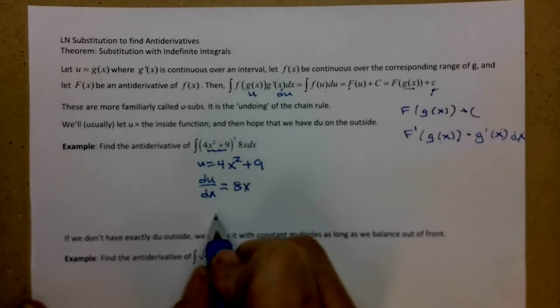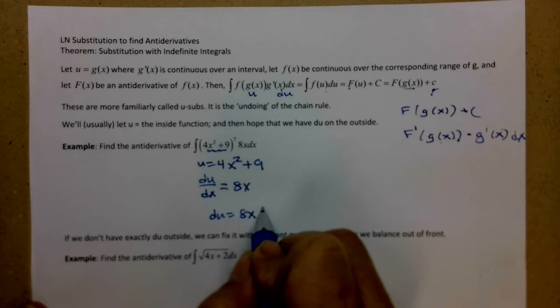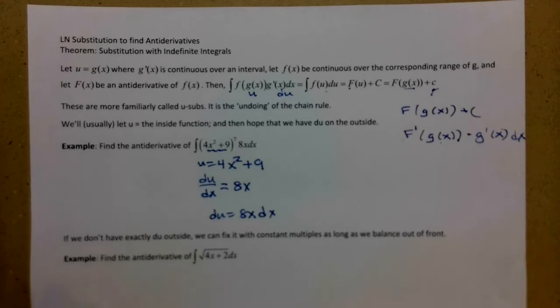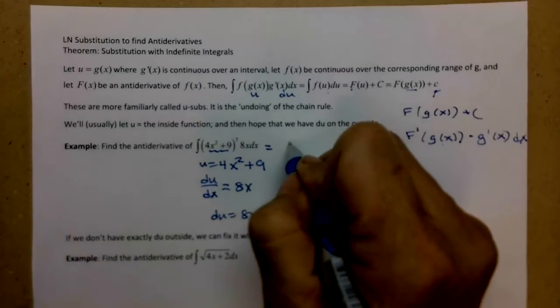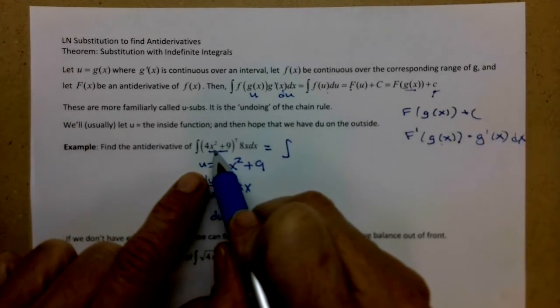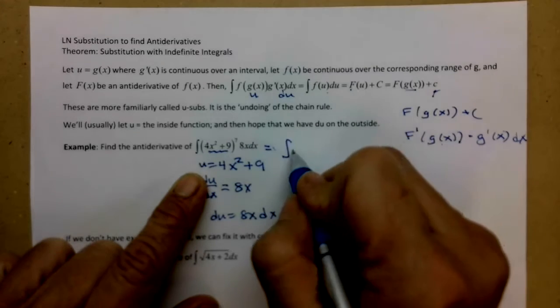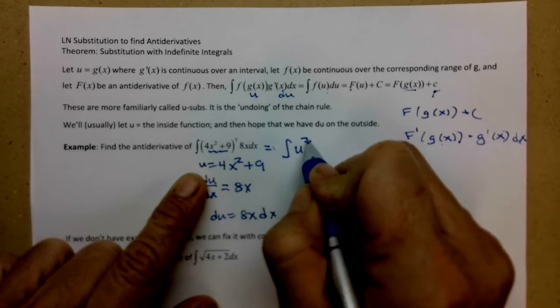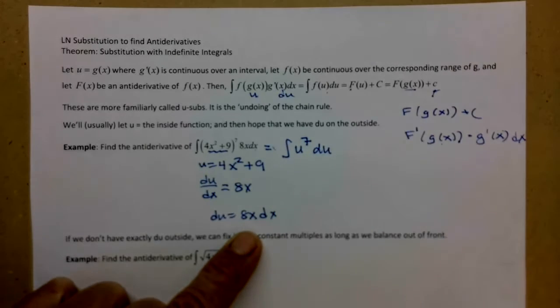Then du, I'm going to multiply the dx over, is 8x dx. Now look back up at your original integral, and we're going to write it in terms of u. So 4x squared plus 9 to the 7th, that's u to the 7th. And then 8x dx, that's the same thing as du.